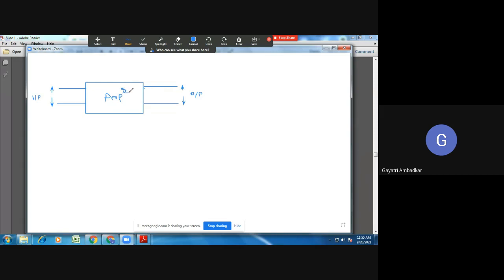Okay, now you know how many terminals are there? 1 2 3 4, 2 input, 2 output. So you have studied transistor as amplifier, and we have studied MOSFET as amplifier. So you know there are only three terminals, like drain, gate, and source. In transistor we have emitter, base, and collector. So what we do, we make one of the terminals common, and then we use it as amplifier.